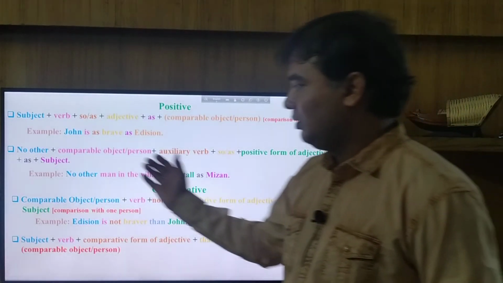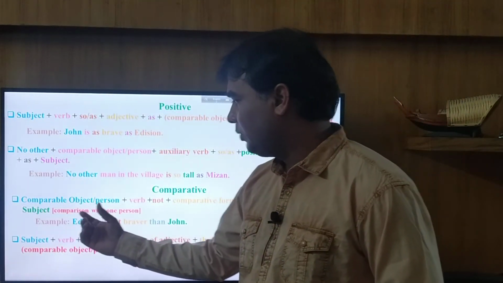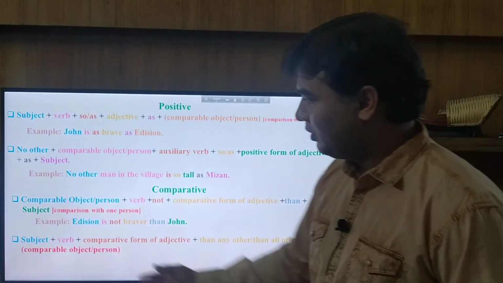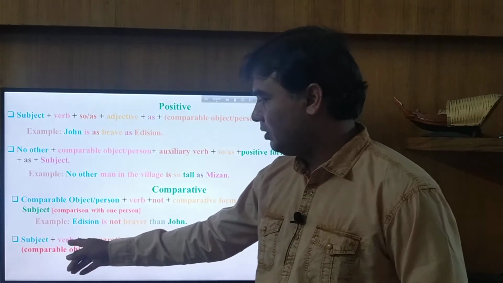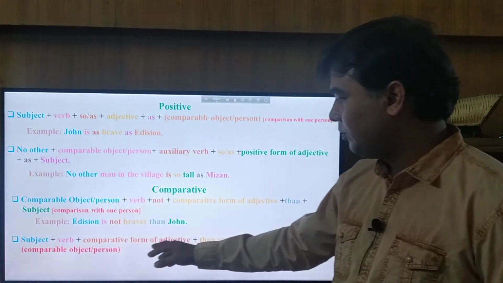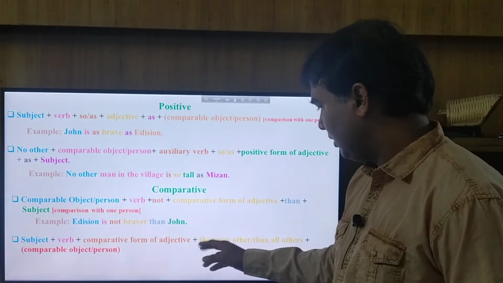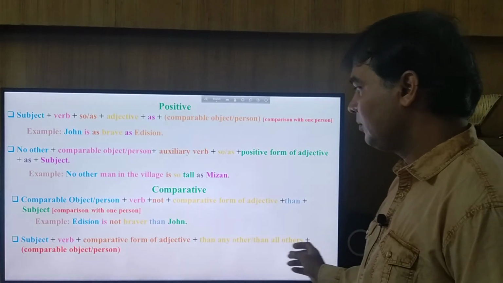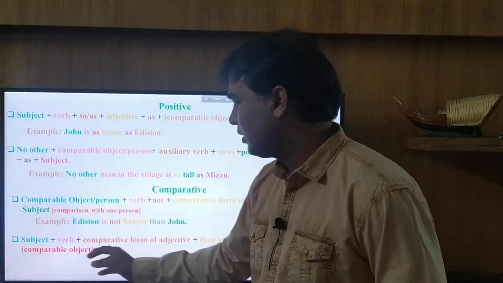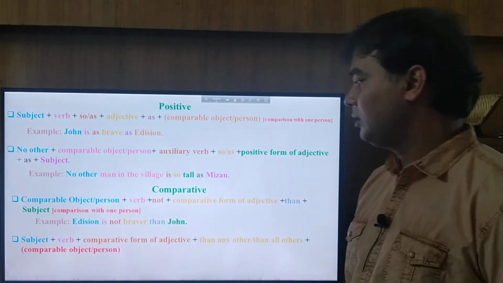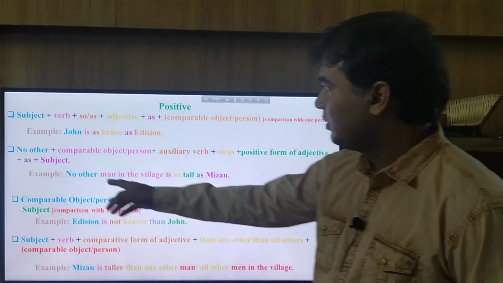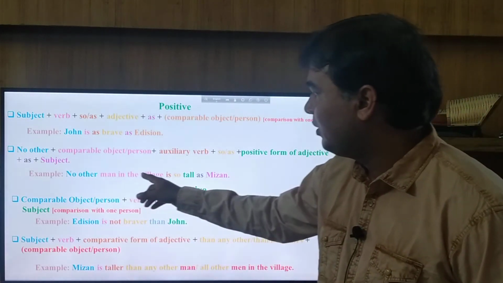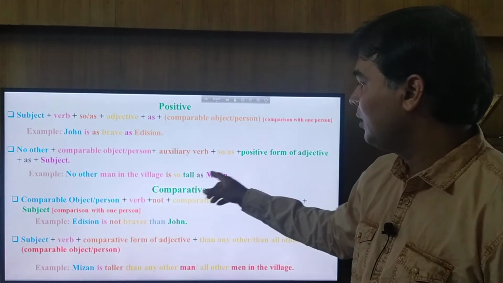Now if the comparison is with more than one person or one object, then the structure would be subject, then verb, then comparative form of adjective, then "than any other" or "than all other", then comparable object or person. You see the example: no other man in the village is so tall as Mizan.